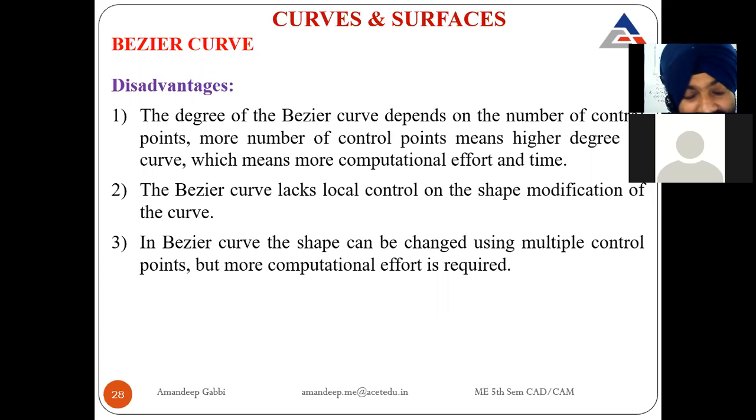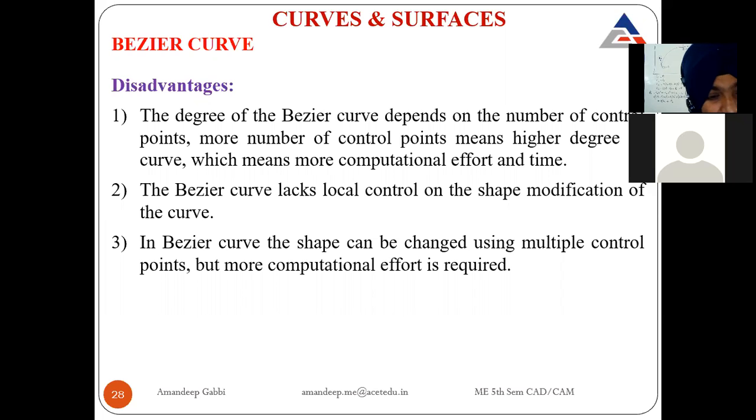As we have already seen, computing the polynomial is very difficult, as the number of control points increases, the degree of polynomial also increases. So this is the biggest disadvantage. You need to calculate more if it has more control points.